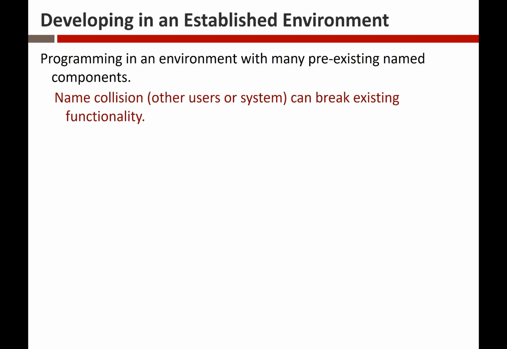Name collision. Either with other users' work, you decide to create a program called My First Program, and someone else in the class decides to create a program called My First Program. Guess what? One of your works is going to wipe out the other one's.